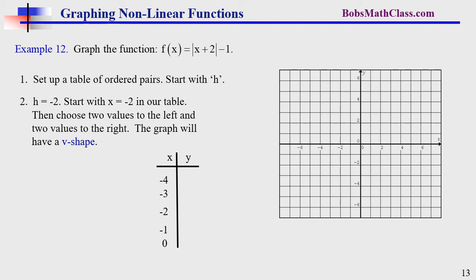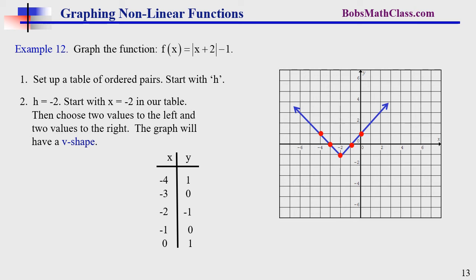All right, so you've plugged those into your calculator. What do you got? Right, lots of 1s and 0s. Plot those points and graph it. So the parent graph is the absolute value of x. This graph is the same graph, but it's moved over 2 units to the left and then 1 unit down.